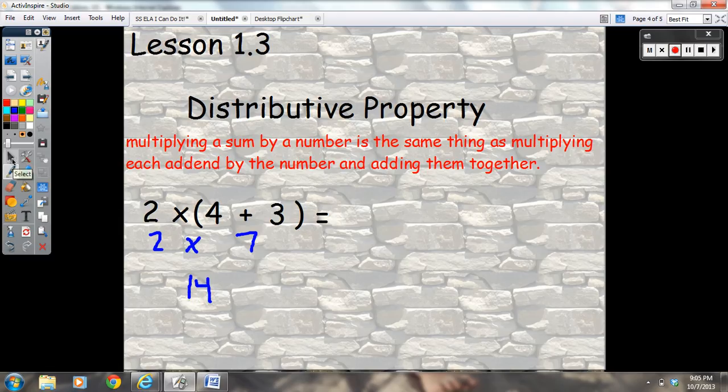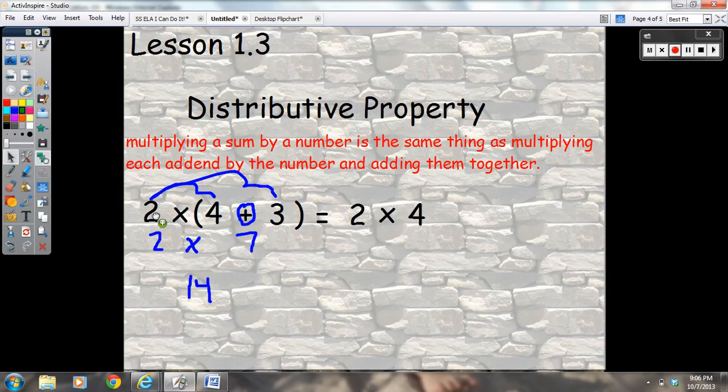Now, the distributive property says if I take this 2, multiply it by the 4, then take this 2, multiply it by the 3, and then add them together, I'll get the same answer. So, let's try that. Let's take this 2 and multiply it by this 4.